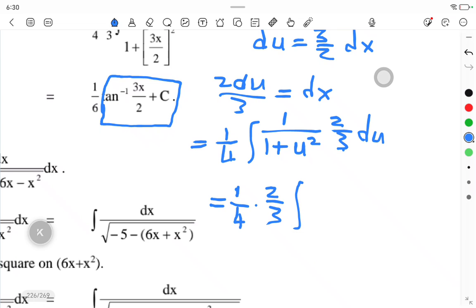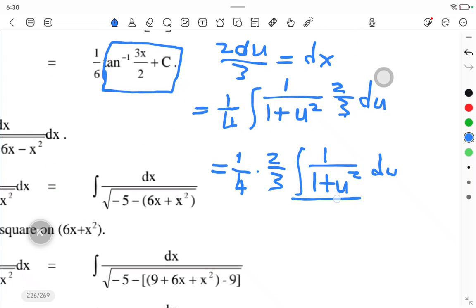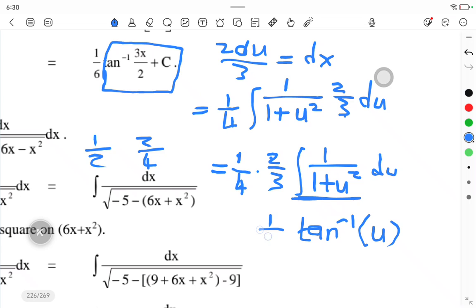Alright? The integral of 1 over 1 plus u squared du. And this one, we know that it's arctan u. And this 2 over 4 is going to give us 1 over 2. 1 over 2 times 1 over 3 is going to give us 1 over 6. Then we add the c.